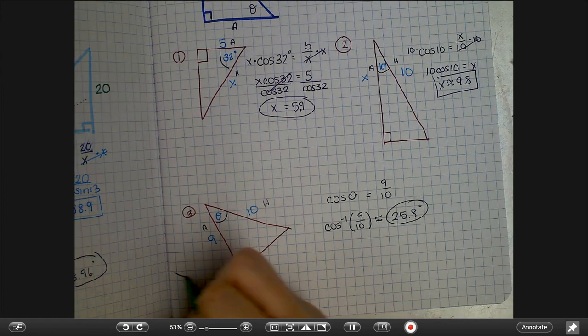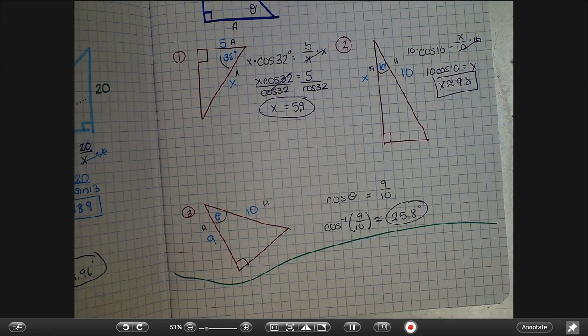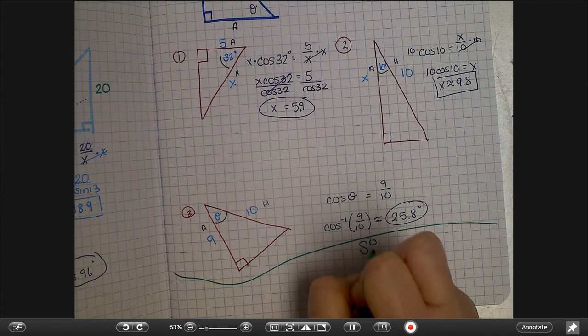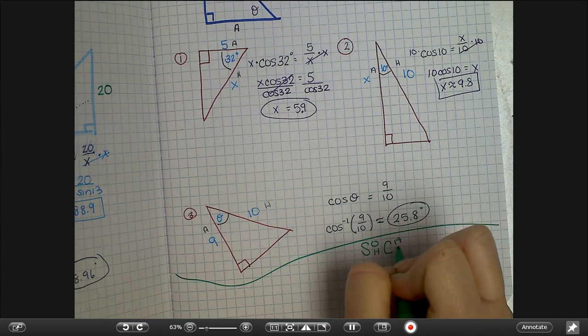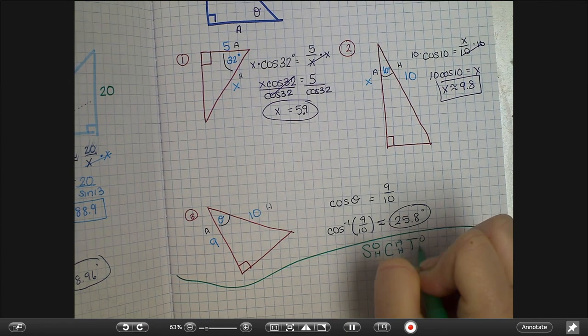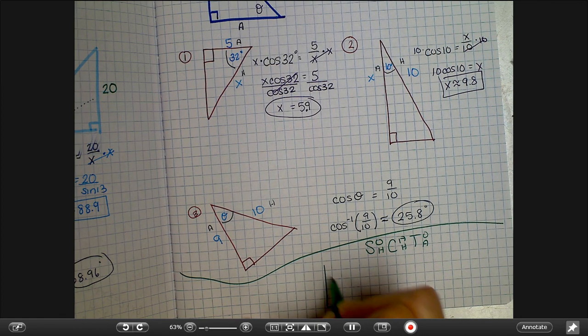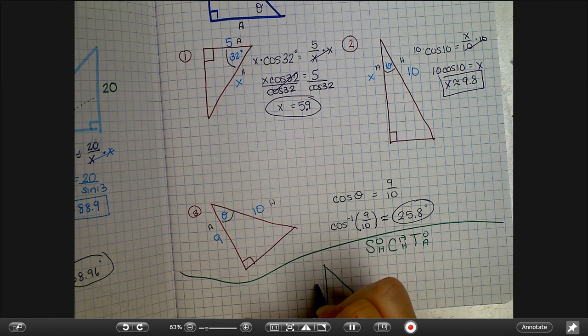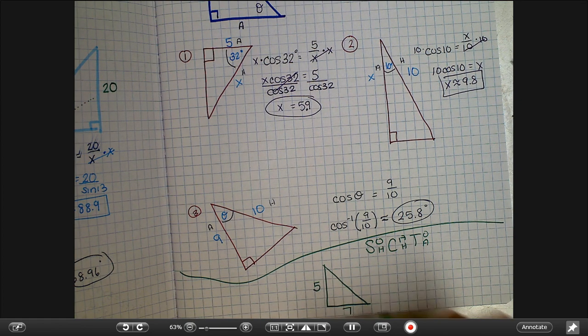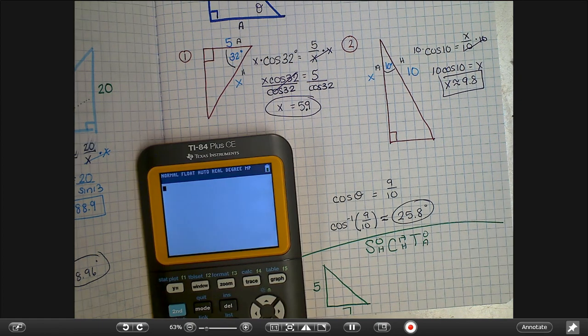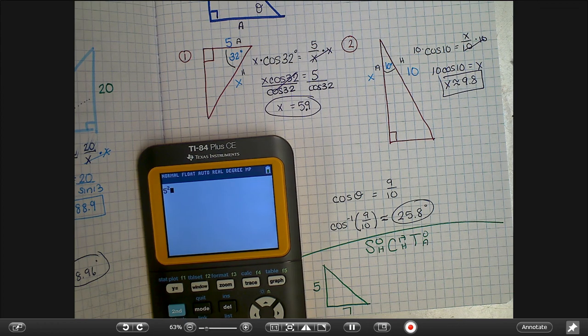So one little tiny baby review before you move on. Remember, we're using the word SOHCAHTOA to help us remember. And then I'm just going to draw a random right triangle. Let's see. Let's do 5, 7, and let's actually make this accurate. So I'll use the Pythagorean theorem to find the other side.